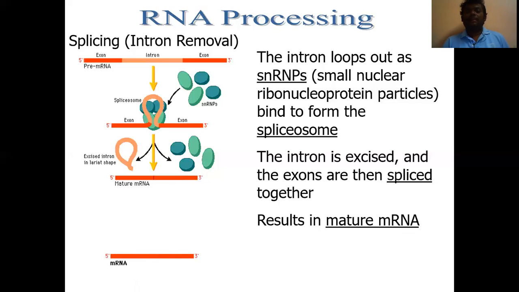Depending upon the sequence present in the mRNA, protein synthesis will take place in the ribosomes. That is translation. We'll discuss translation in the upcoming class.